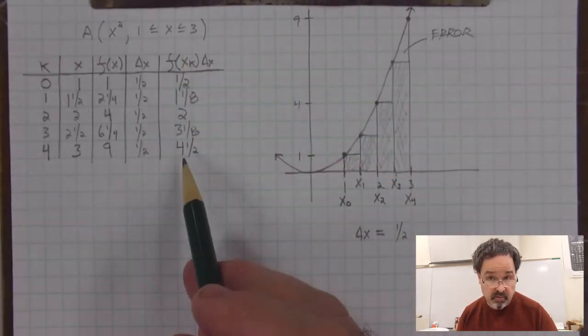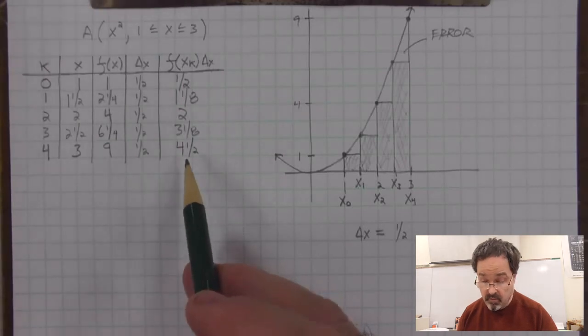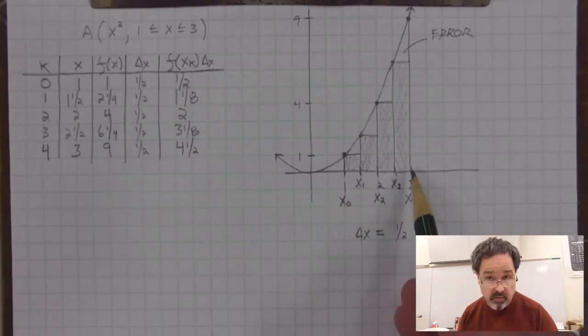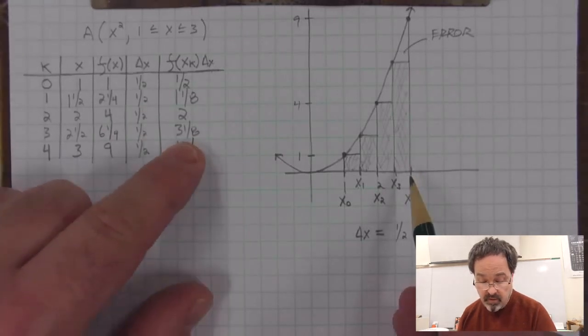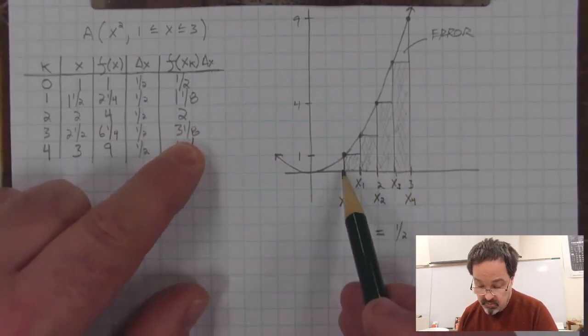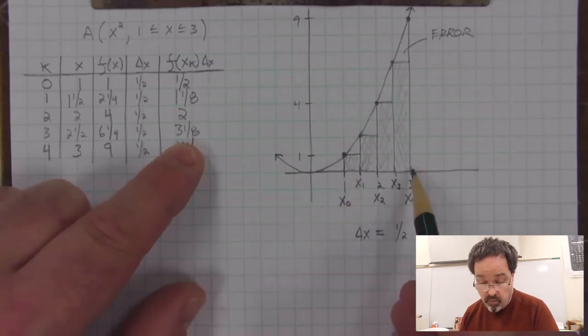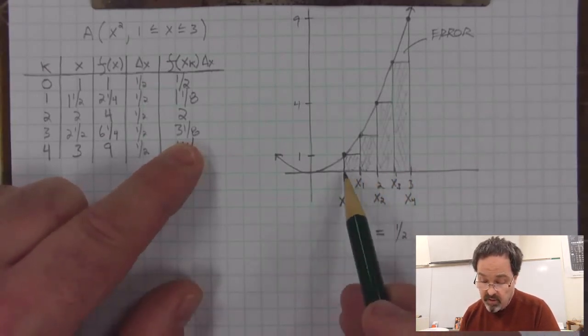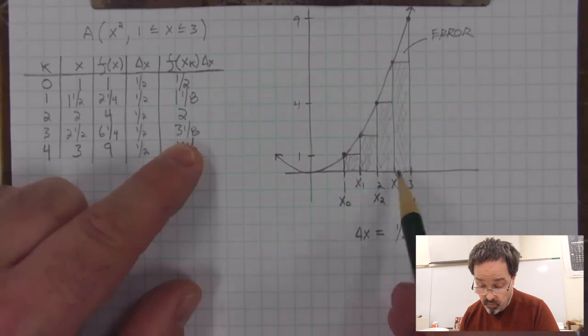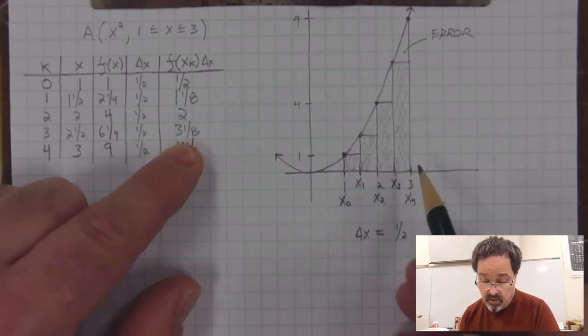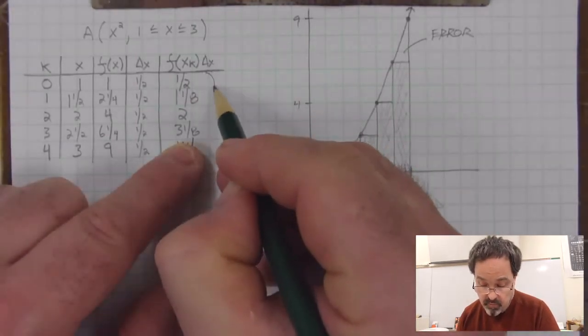And notice that there's one more than I have represented in my drawing. This last one of 4.5 is not one of the first 4. If I add these first 4 rectangle areas together, it'll be the first 4 in my table.